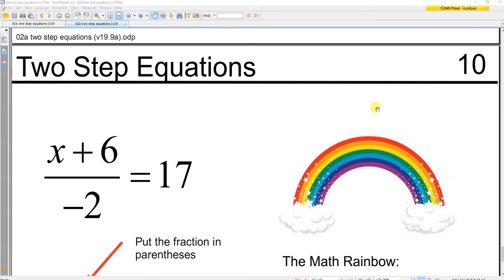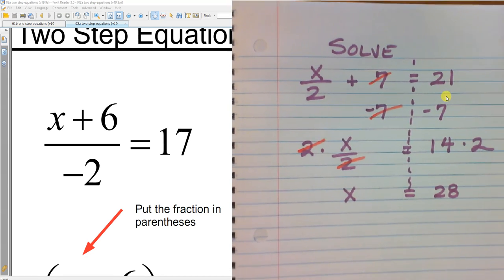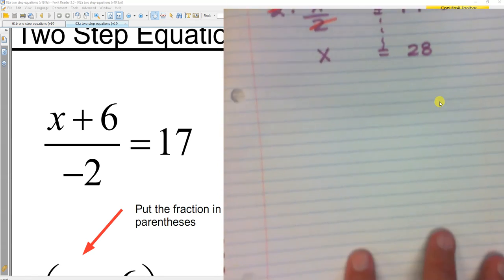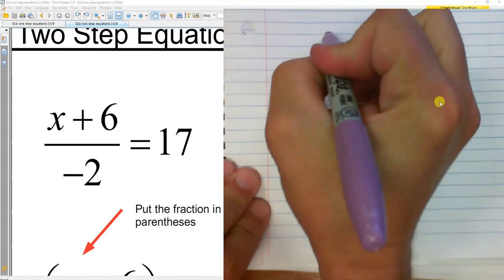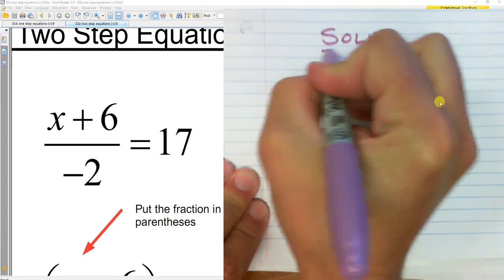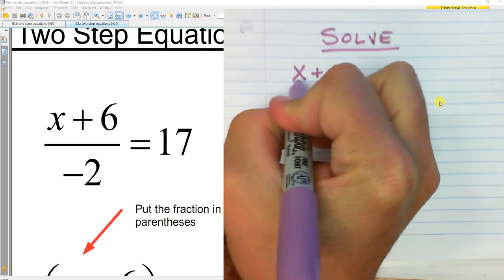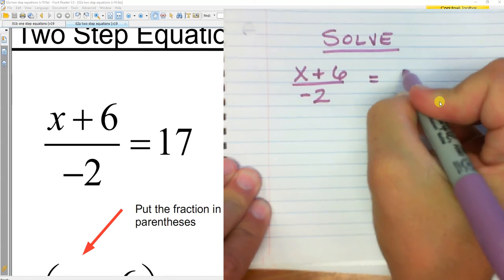Ooh, okay, and this is the last type. This is the last weird one. Okay, this one's going in our notes also, because this one's going to be a little bit different. X plus 6 over negative 2 equals 17.